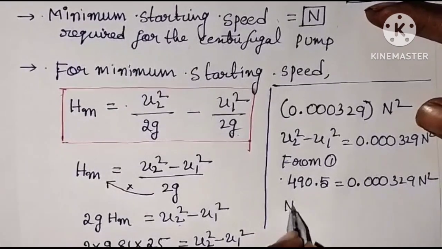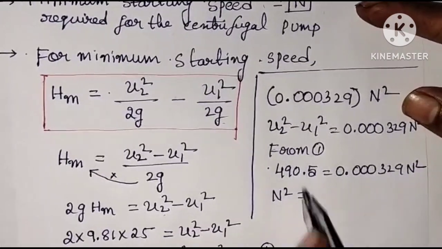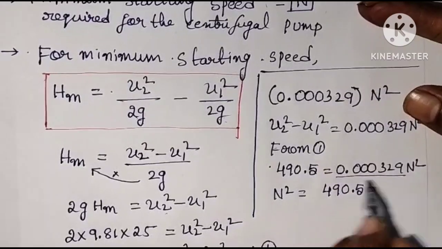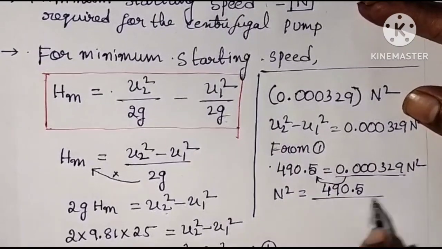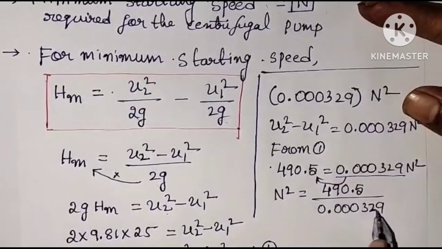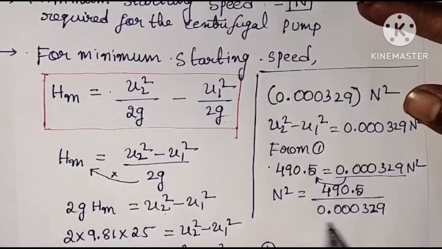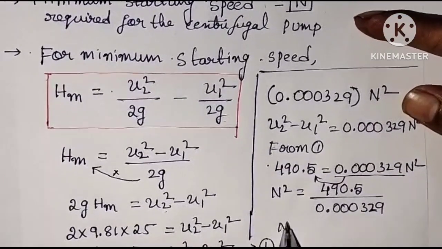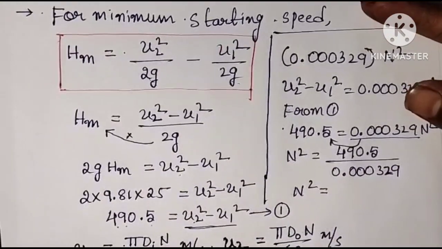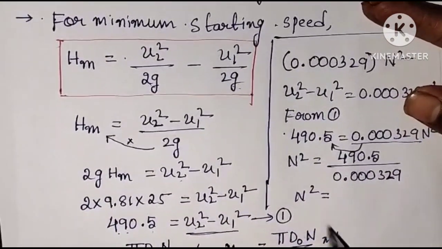Now N square is equal to 490.5, transposing this to the left hand side, multiplication becomes division, divided by 0.000329.